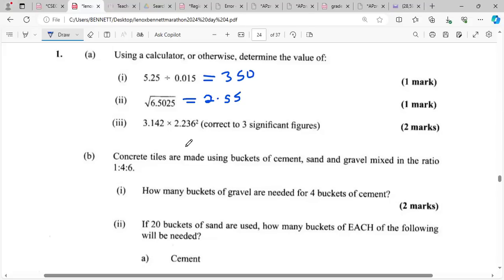So we have 2.236 times 2.236. That gives me 4.999, whatever, 999,696, and then we times this by 3.14.